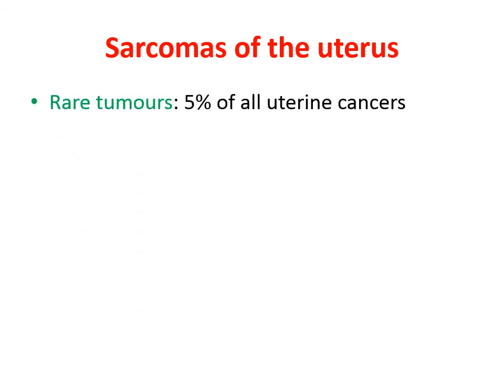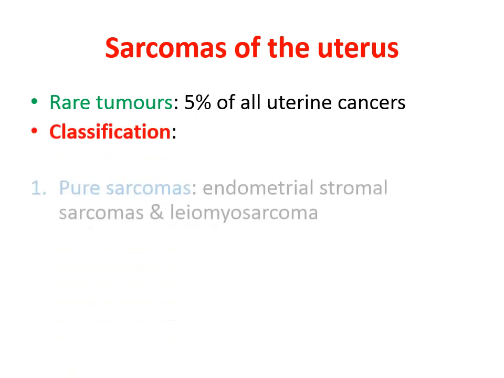I will give you a few points about the second type of malignant diseases affecting the uterus, which is the sarcomas of the uterus. These are rare tumors and account for just 5% of all uterine cancers.